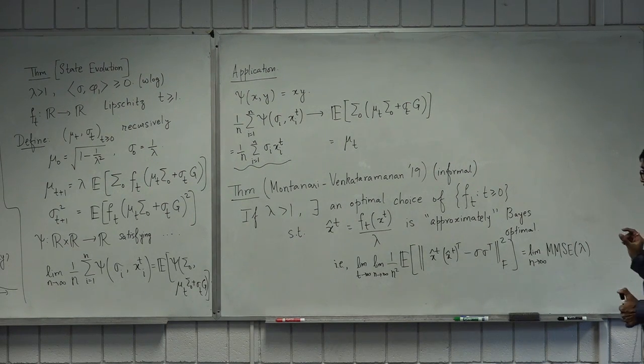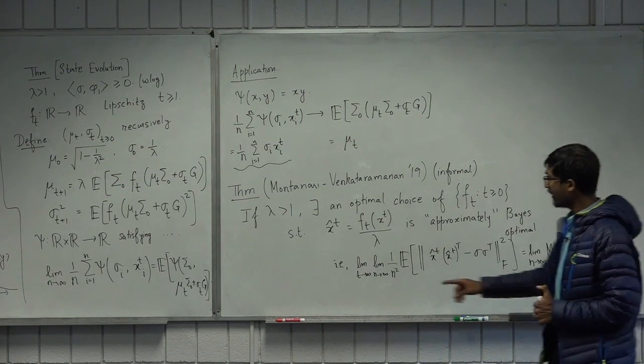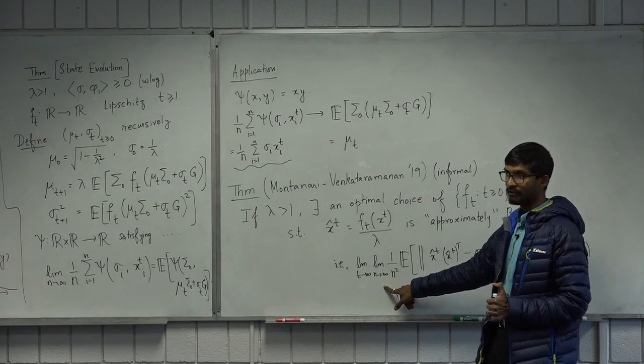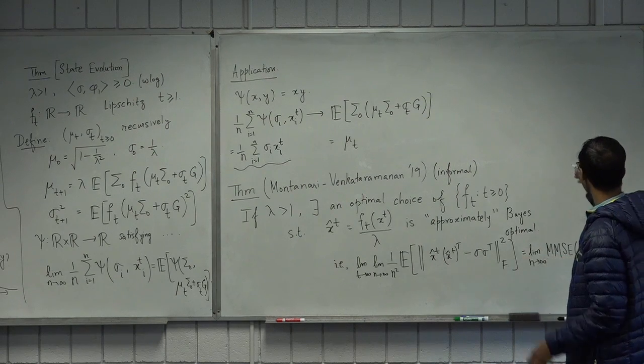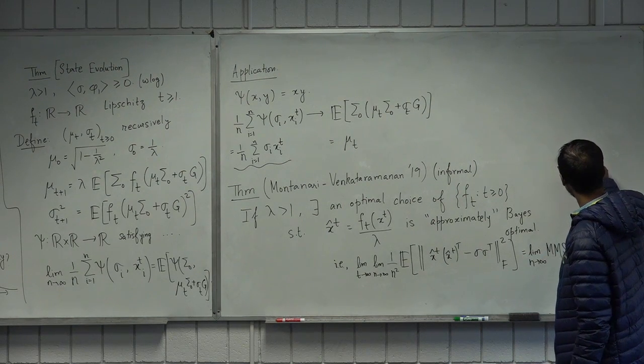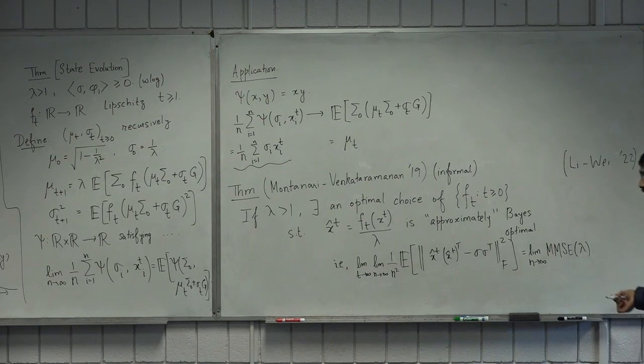There is a small wrinkle in this argument which you might complain about, which is this double limit. You might say, okay, ideally I want to take my limit t to infinity before I take my limit n to infinity. And it's actually a recent result due to Gen Li and Yuting Wei from earlier this year that you can actually do this.